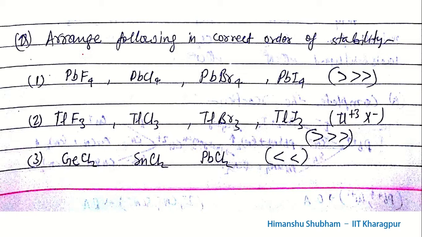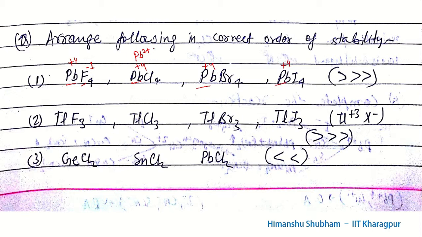Now we have this question, we have to arrange the following in correct order of stability. Here we have a similar concept. In PbF4, the oxidation state of Pb is +4 and that of F is −1. We know that Pb is stable in the +2 oxidation state, and in every compound here Pb is in +4.